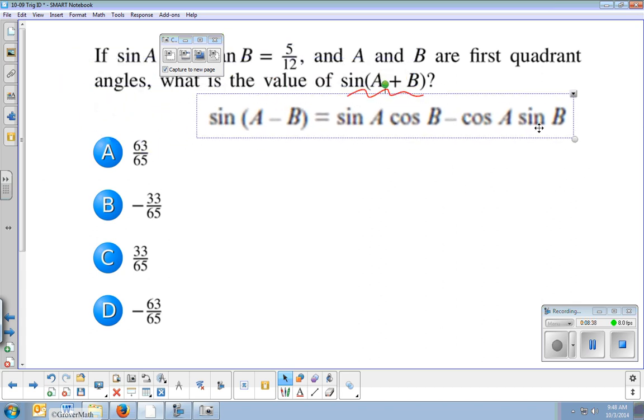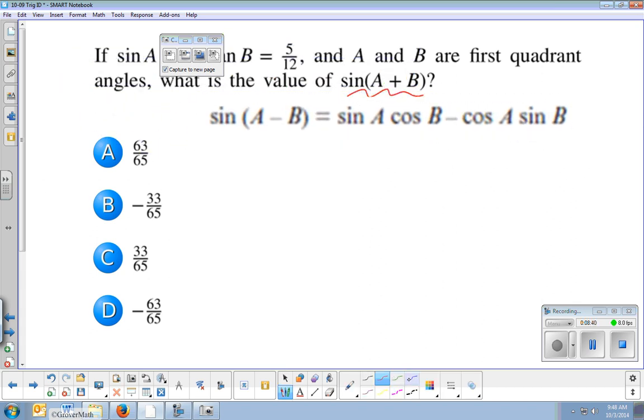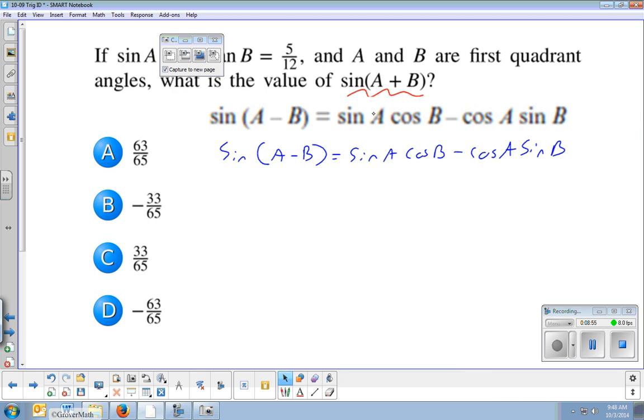I'm going to rewrite this because it's pretty blurry and sloppy, but let's see. This is sine A minus B equals sine A cos B minus cos A sine B. Okay. Now let me get rid of that sloppy picture.